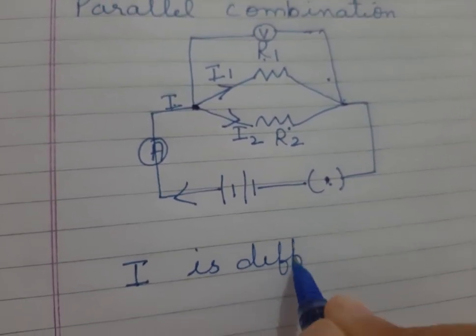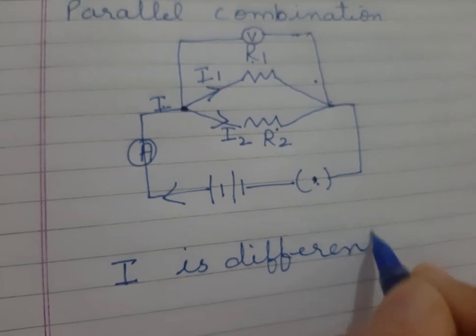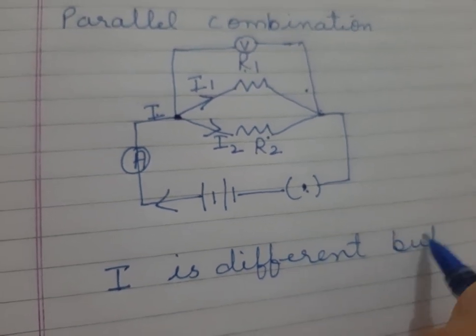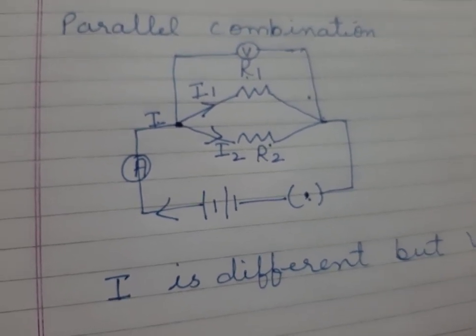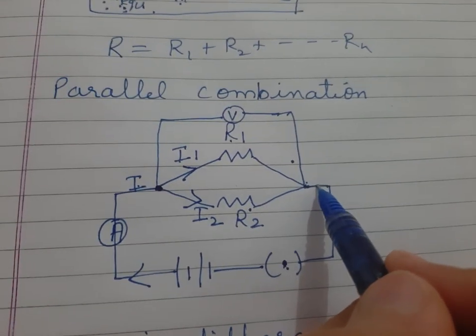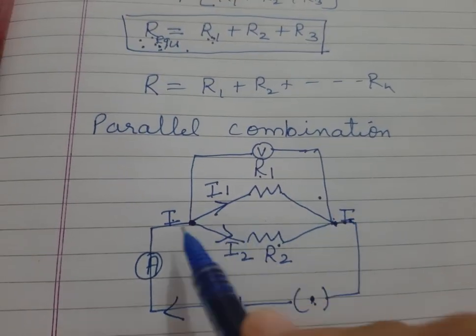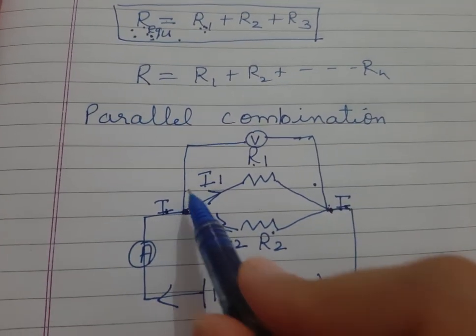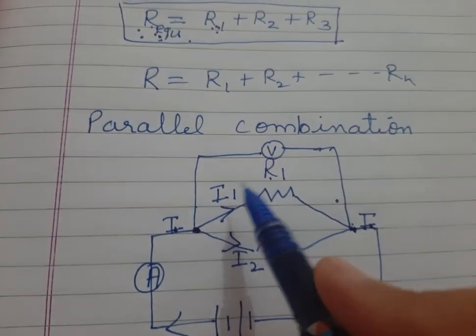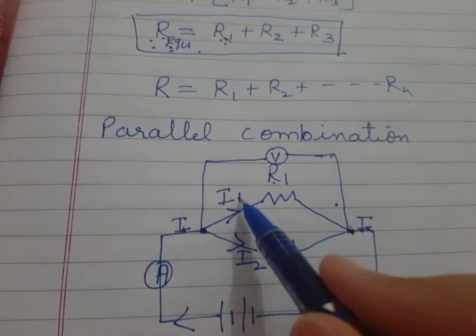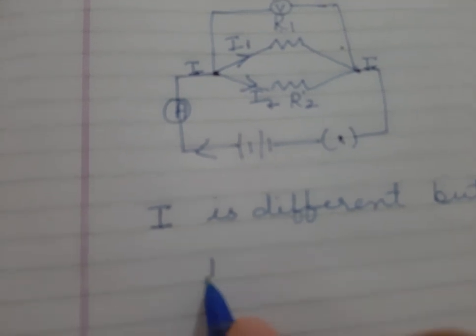This is again a key point. I is different but V is the same. When this current comes out at this point, again the value becomes I. So it means I is equal to the sum of the currents flowing in both the resistors. So I is equal to I1 plus I2.